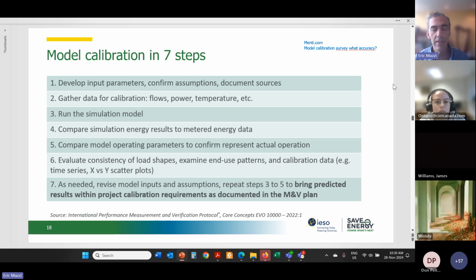Evaluate the consistency and acceptability by looking at calibration data, production versus whatever variable would be a key driver of production, and changes over time. It's usually iterative, and ultimately you're looking to revise the model inputs and assumptions to bring your predicted results into agreement with your model.